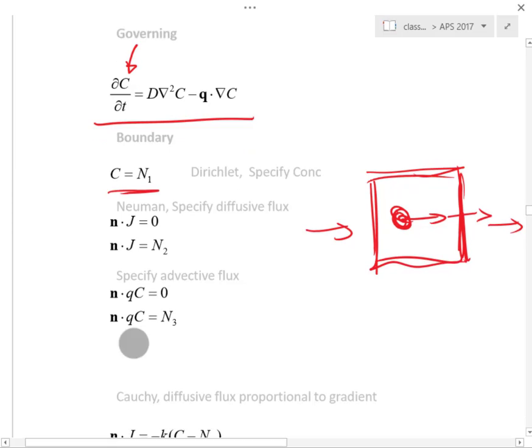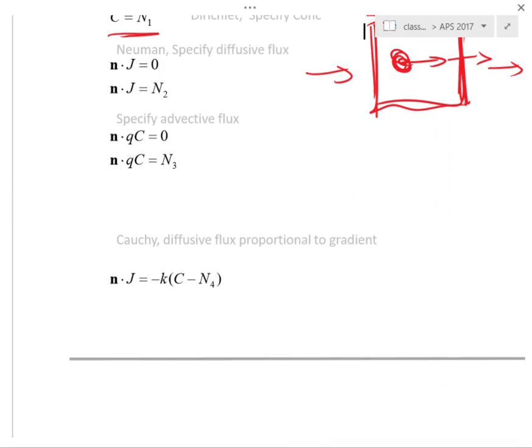Probably it will crash. And then we can also have this third type of boundary condition, where the mass flux, this is the mass flux for diffusion now, is going to be proportional to the concentration.